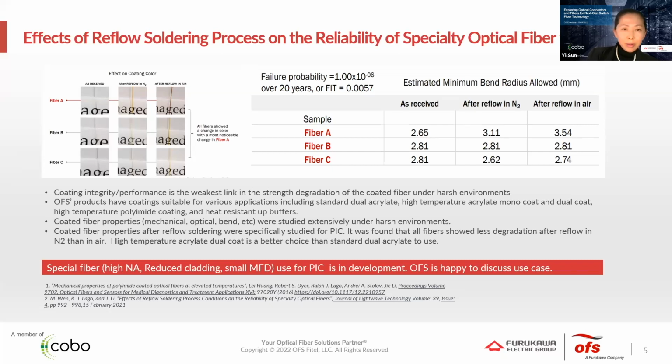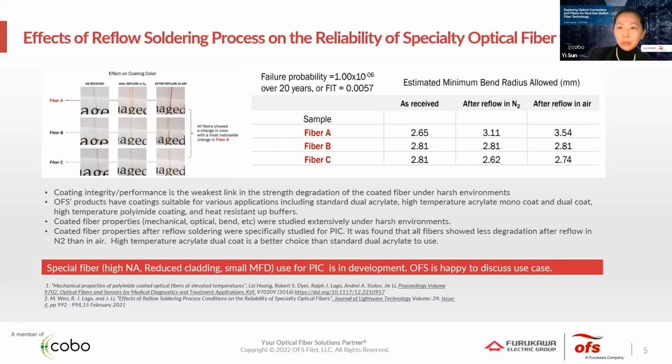What's not summarized here, but is very interesting, there were studies for multiple fibers under elevated temperature for aerospace, automotive and sensing applications. If you're interested, we can provide that in chat or by email.